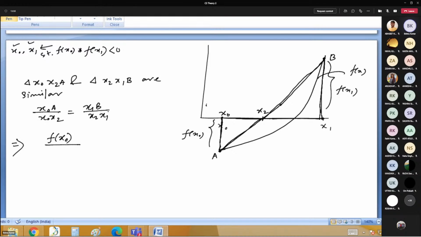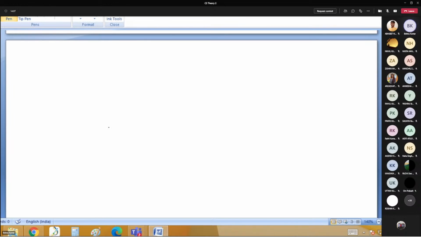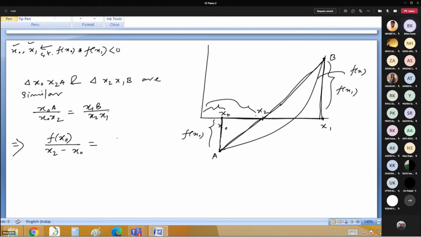Origin to this much is x2, origin to this much is x0. So x2 minus x0. Is it clear? And x1 to B, f of x1. This height is f of x1.